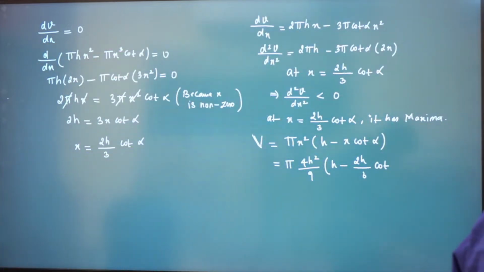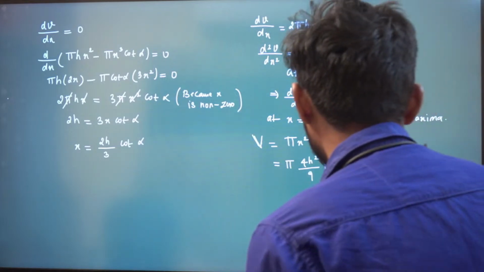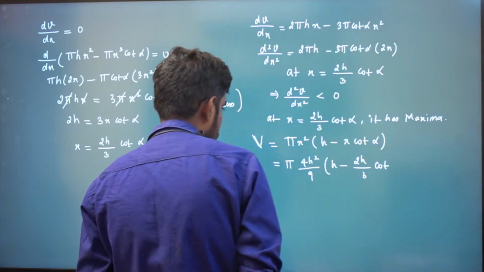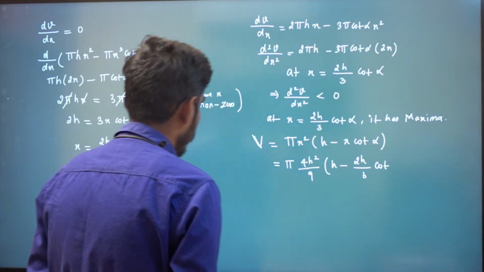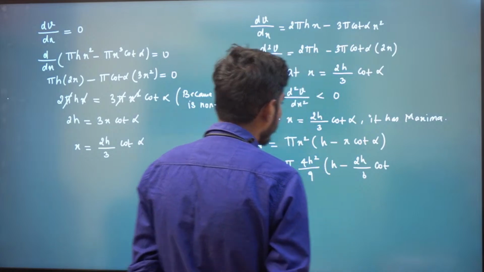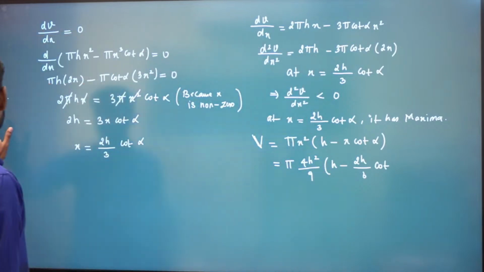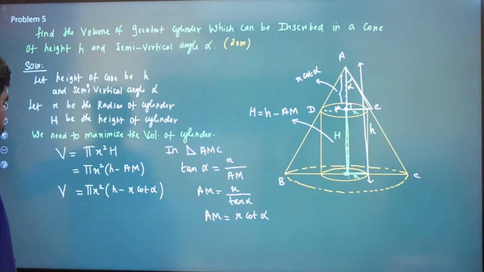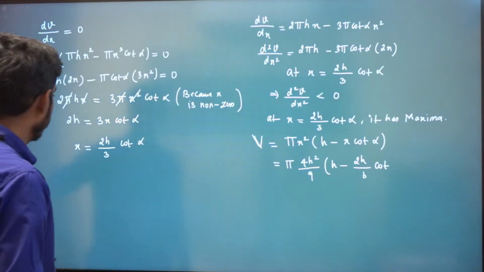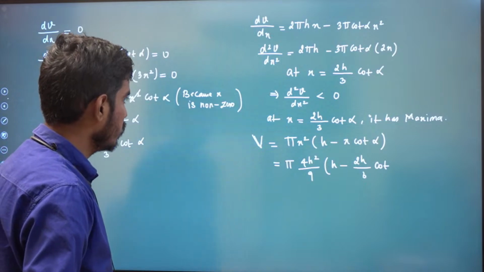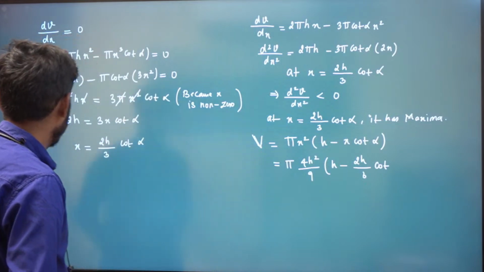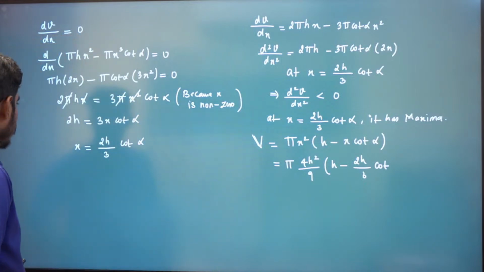Or did I make a mistake? We are getting cot square alpha. What's our x? Just a minute. Pi x square (h minus x cot alpha). So x is 2h by 3.